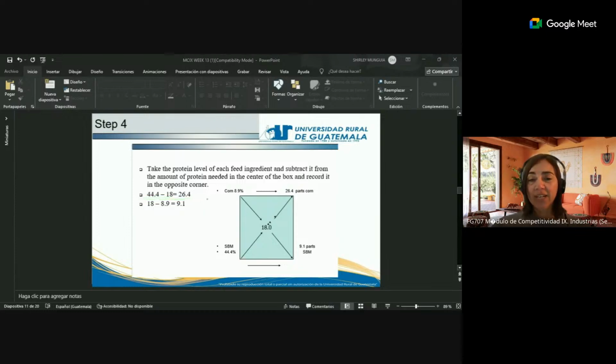So just get your calculator and do that. This 26.4 is the same one that we have in this corner. So we're just subtracting these numbers from the number in the middle, and we have the answer in the other corner. So now we have two more answers: 26.4 and 9.1.